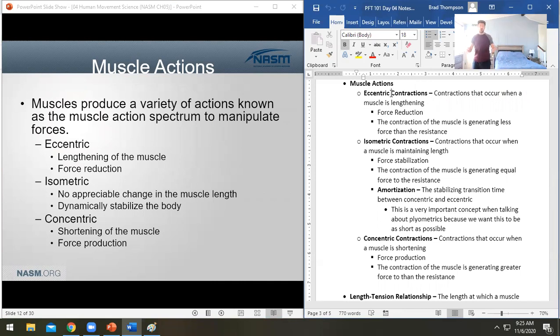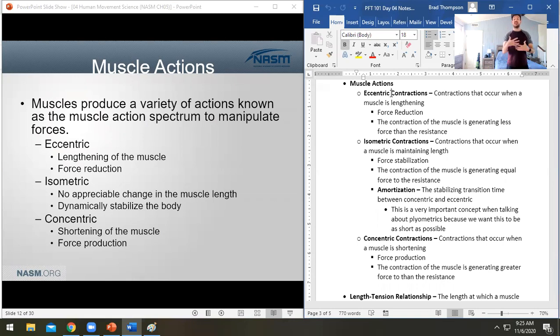Lowering myself into a chair, that's eccentric. Versus concentric, which is force production. I'm producing force to come out of the chair. If the contraction of the muscle is generating less force than a resistance, like I weigh 175 pounds, and I generate 174 pounds in my glutes and quads, that's 1 pound less than gravity is pulling on me.